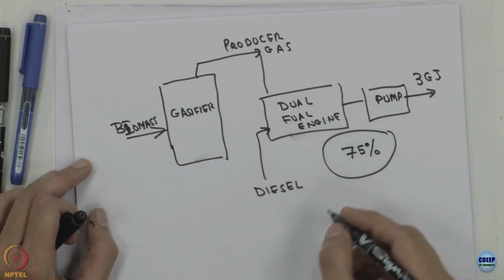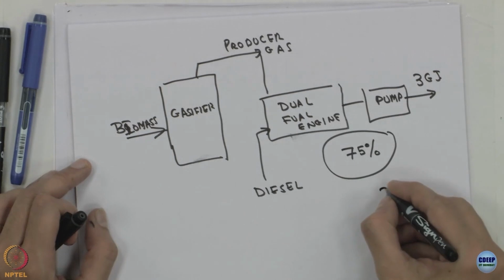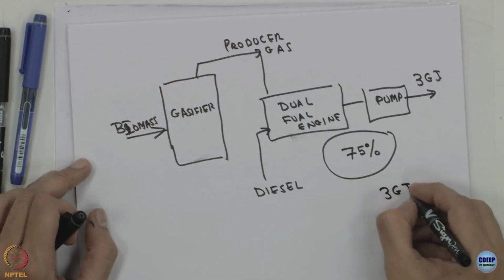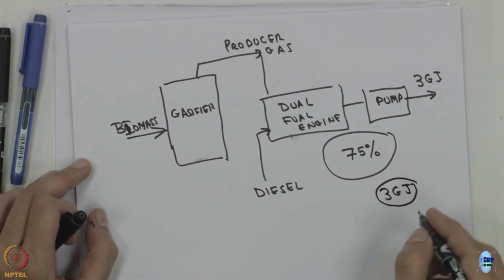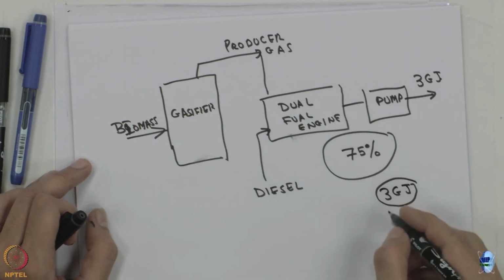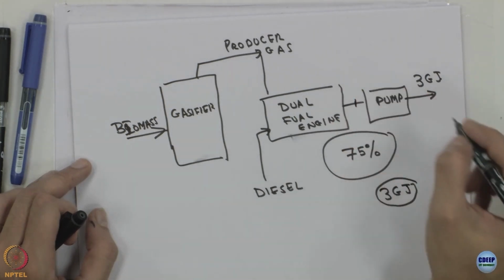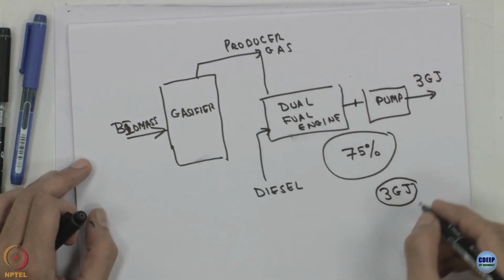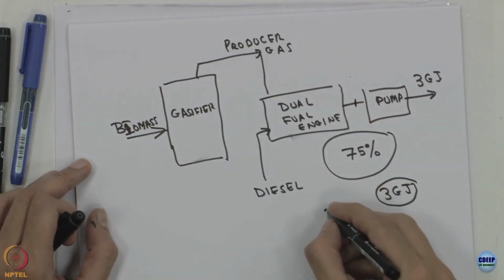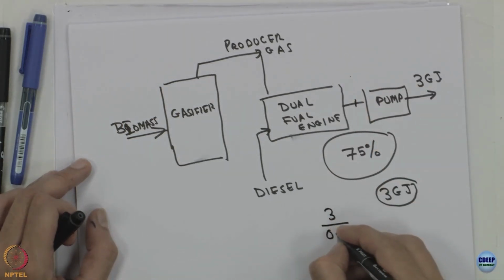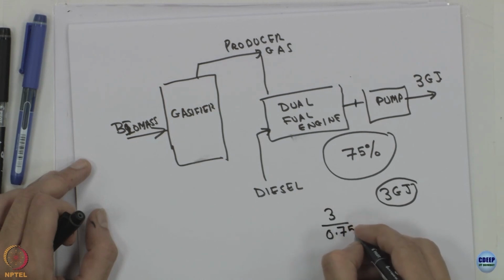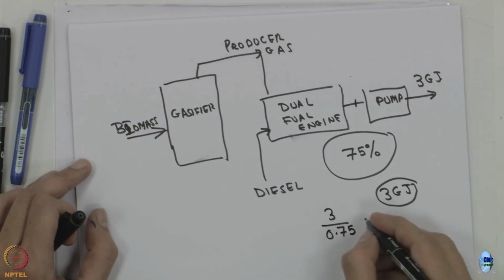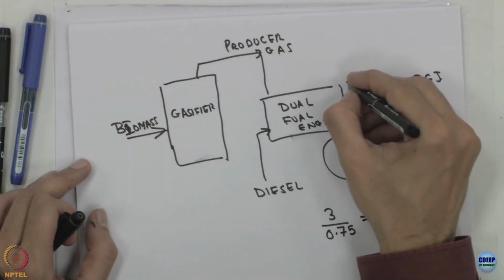So we take the 3 gigajoules in the pump, take the pump efficiency and get the input required here. That means 3 divided by 0.75, so this will be 4 gigajoules here.